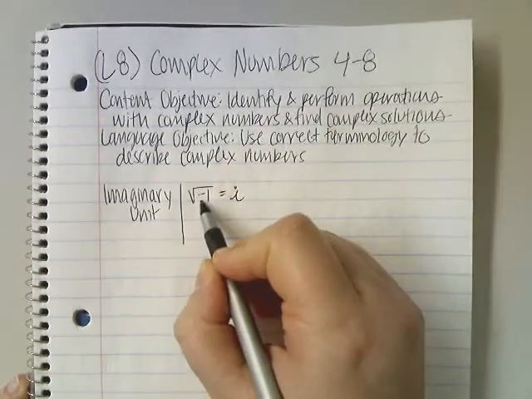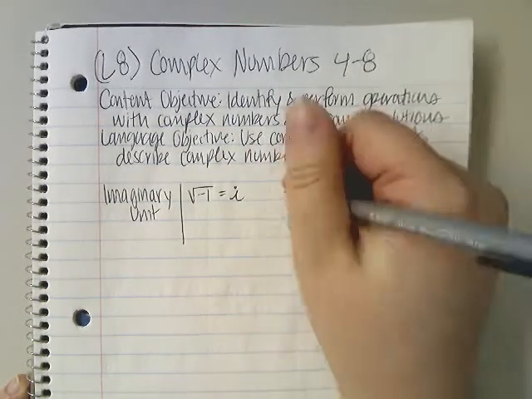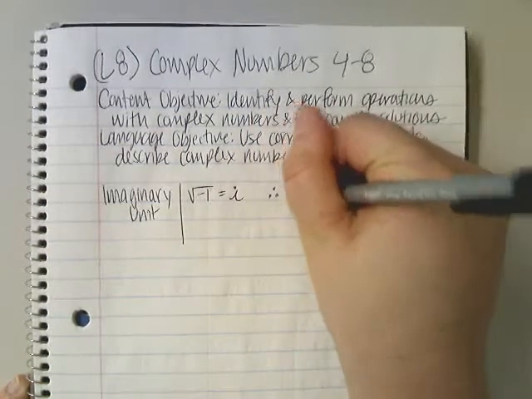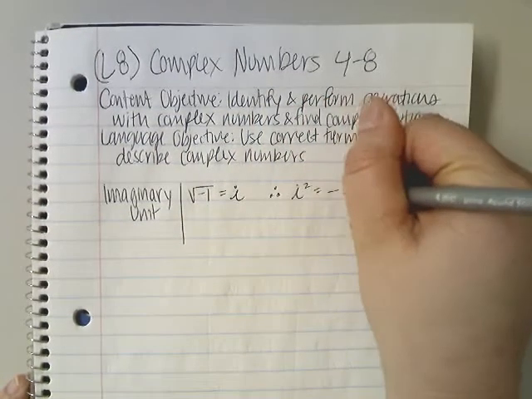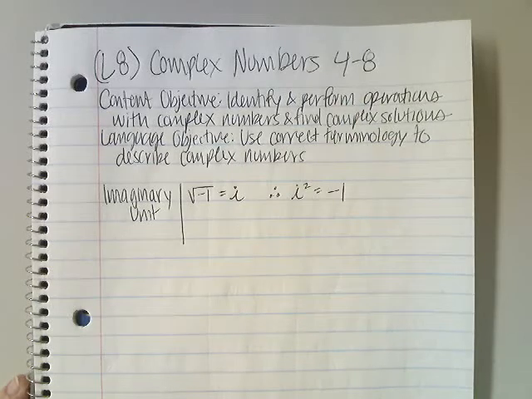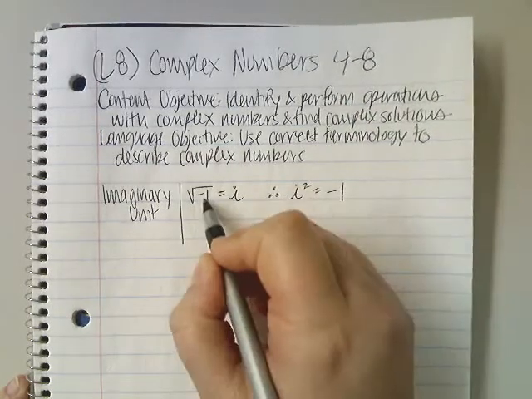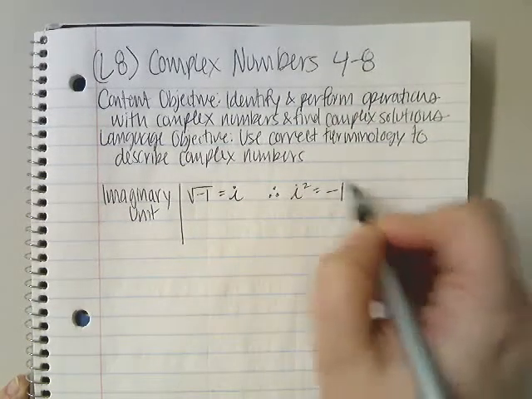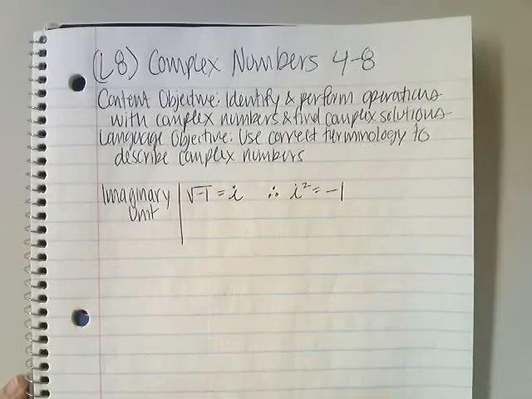So we know this: if the square root of -1 is i, then i squared would similarly be -1. Since the square root of -1 is i, that squared would have to give us -1.